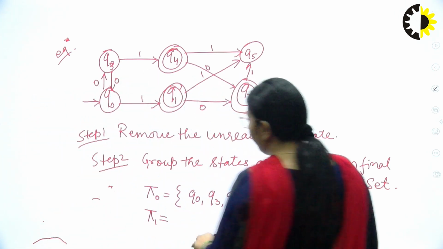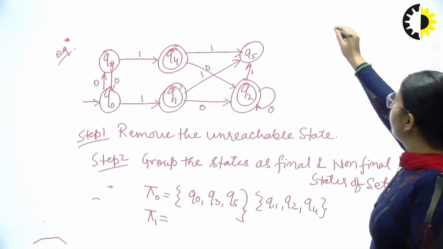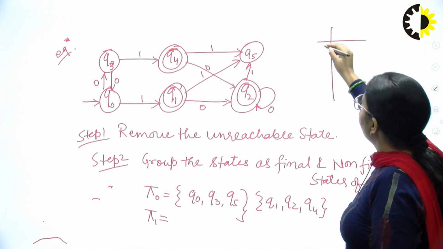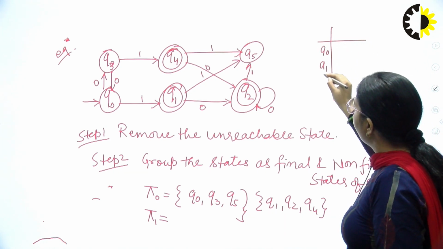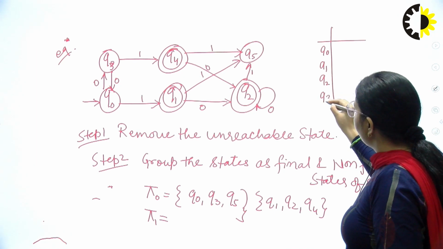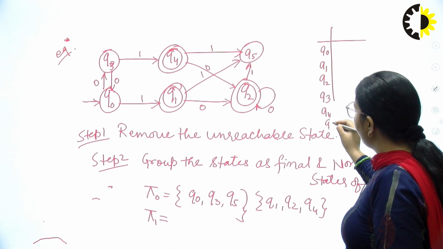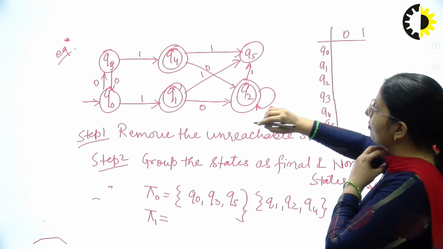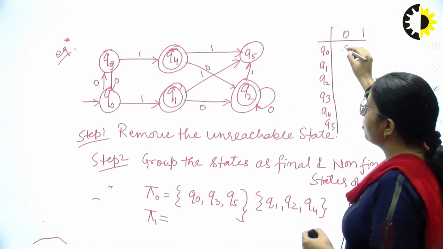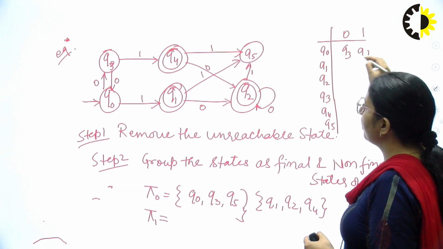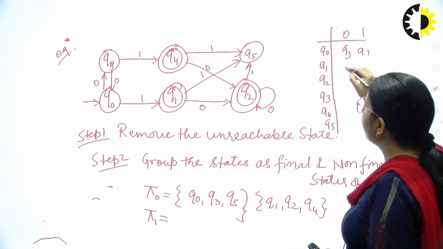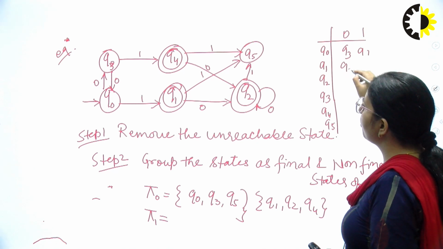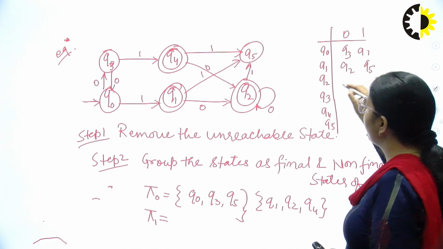To make it simpler, let's make the transition table. Q0, Q1, Q2, Q3, Q4, and Q5, with inputs 0 and 1. For 0, Q0 goes to Q3. For 1, it goes to Q1. For 0, Q1 goes to Q2. For 1, it goes to Q5.